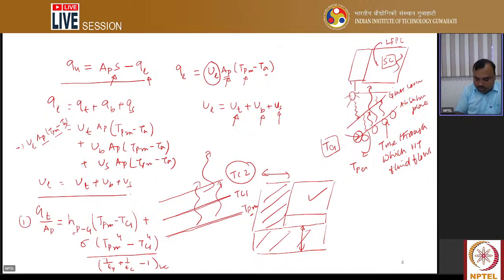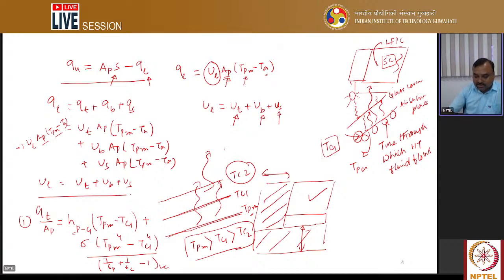So this is one condition, when heat is exchanging from the plate to glass cover 1, then from glass cover 1 to glass cover 2, and then from the glass cover to the ambient, right? So you must know the temperature profile. It is something like TPM is greater than or equal to TC1, greater than or equal to TC2. This strategy you must know, otherwise you will fail to do the calculation, right?